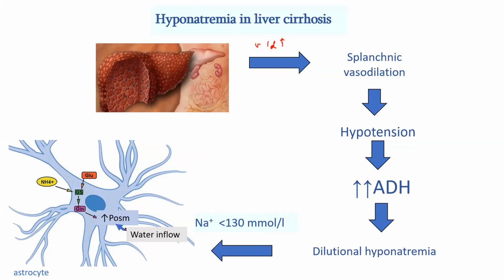But unfortunately, glutamine is osmotically active and it elevates intracellular osmotic pressure and leads to water inflow. And this is why if we have hyponatremia, water inflow will be even more prominent, which will lead to astrocyte swelling and will provoke encephalopathy.